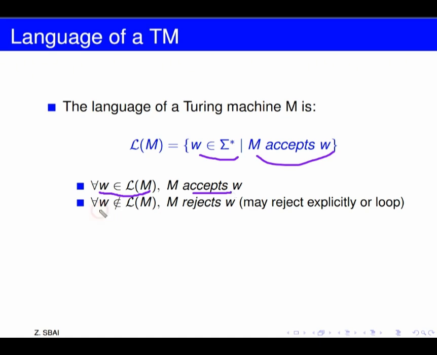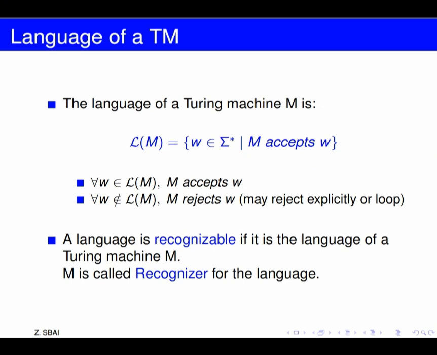And for all the strings that are not members of the language, the machine will reject these strings. Here the machine will reject explicitly by entering Q reject or by looping. We will say here, if the machine loops forever, that the machine rejects the string by looping.